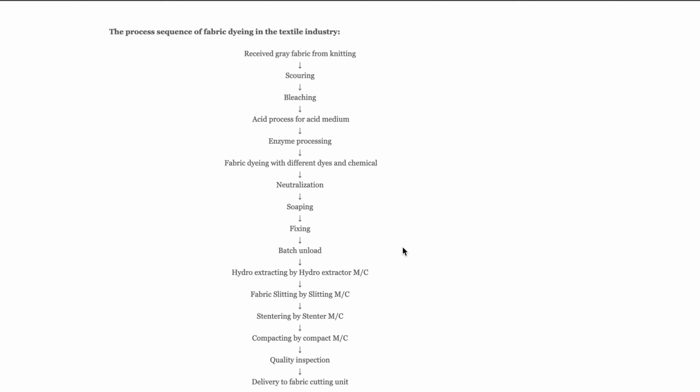Here is the process of fabric dyeing. First of all, as we all know, receive gray fabric, meaning raw fabric from knitting.